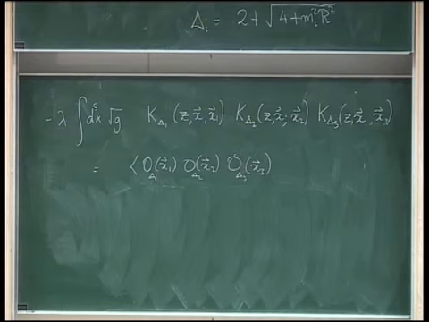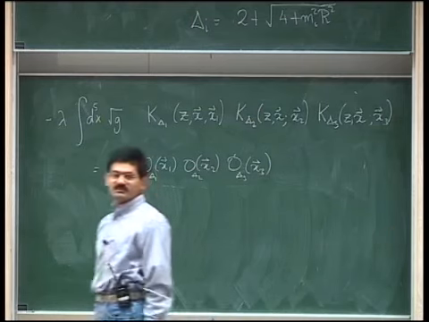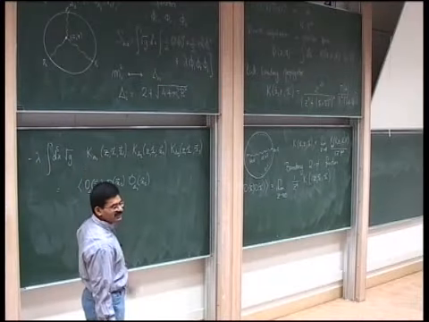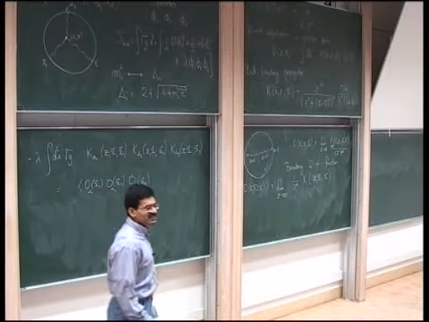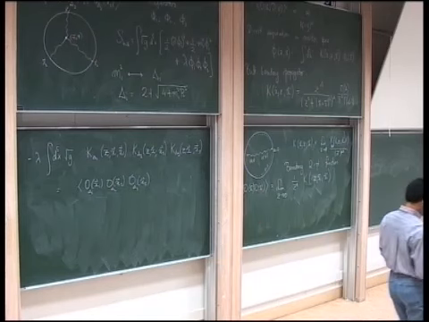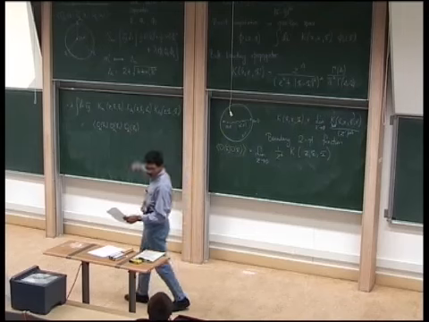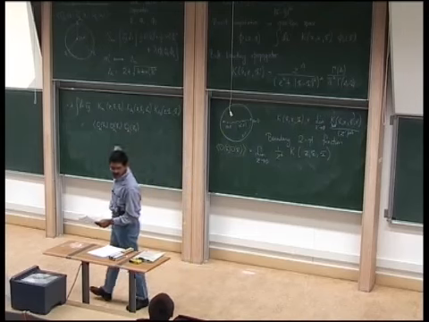Okay. So you have an expression for k. You have the integral. That's the homework. This lambda in the action is what? Okay, so that's the point we'll come to. So let me write down the answer for the 3-point function, and then we'll come back to lambda.